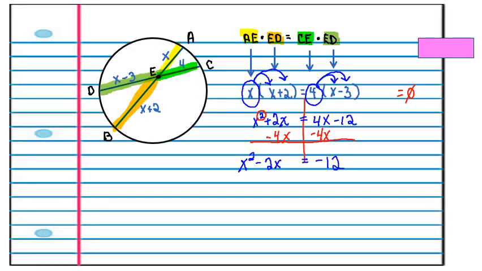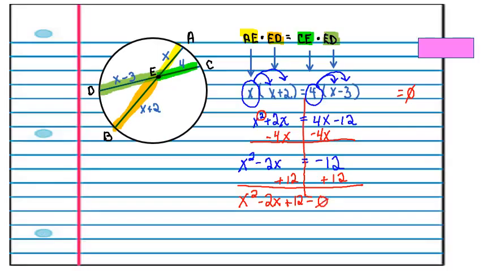Okay, got to do a little bit more. It's not quite equals 0 yet. So we're going to add a 12. We're going to add a 12. And that's going to give us x squared minus 2x plus 12 equals 0.